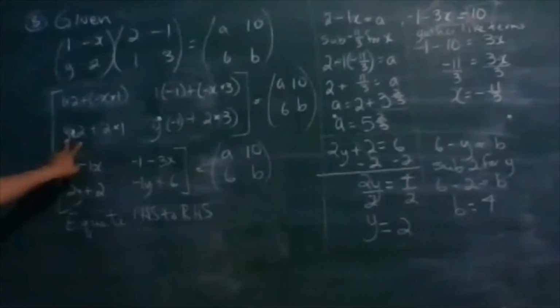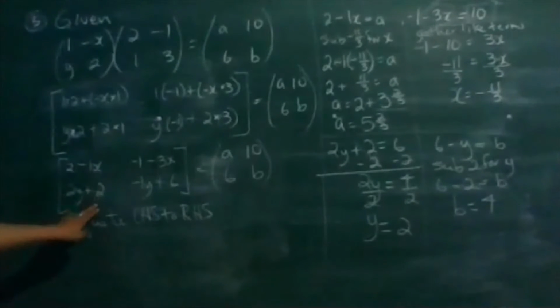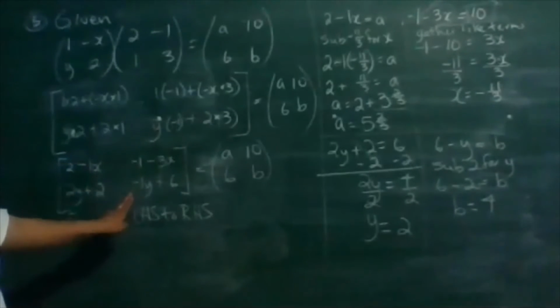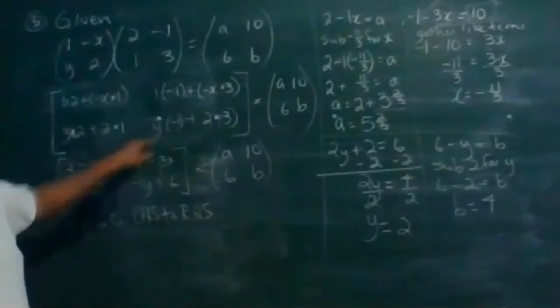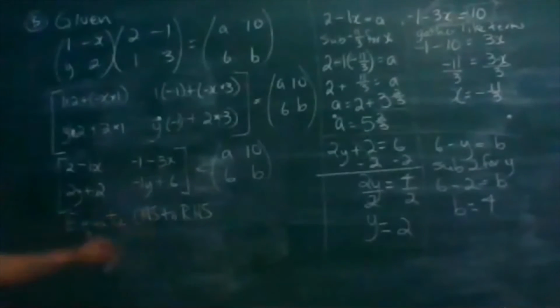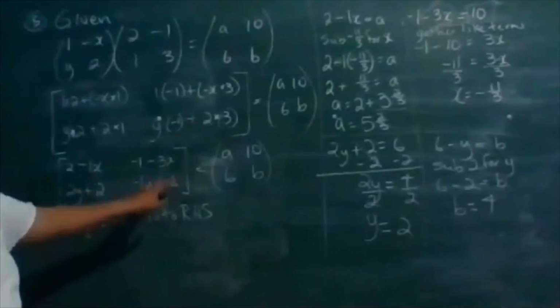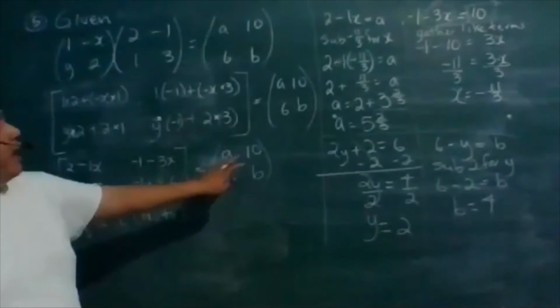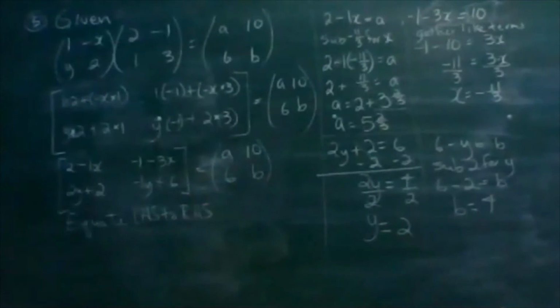Then y times 2, 2y, 2 times 1, 2. You have to put the plus sign. A positive times a negative is a negative, y times 1, 1y, so negative 1y, plus 2 times 3, 6, equals [a, 10; 6, b].